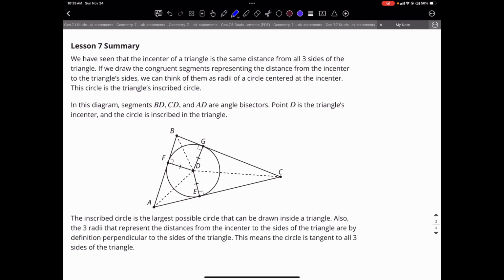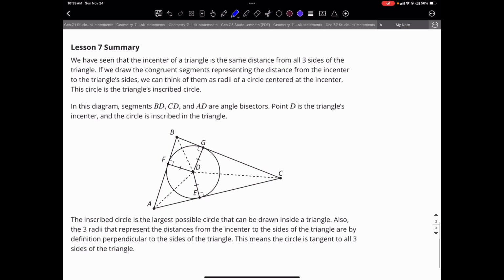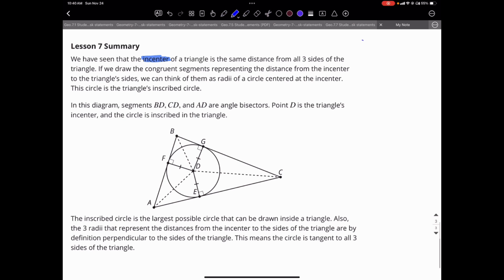Okay, so that's where we go into lesson 7. You just learned about a circumscribed circle. Now we're going to learn about an inscribed circle, right? We have seen that the incenter of a triangle is the same distance from all three sides of the triangle. So here's a new word, the incenter. Previously we learned the circumcenter, and that was with circumscribed.